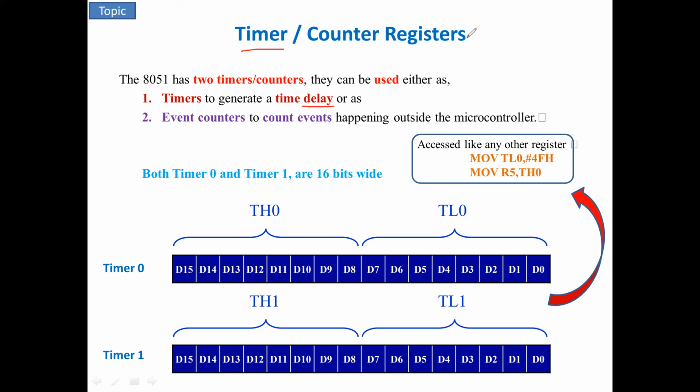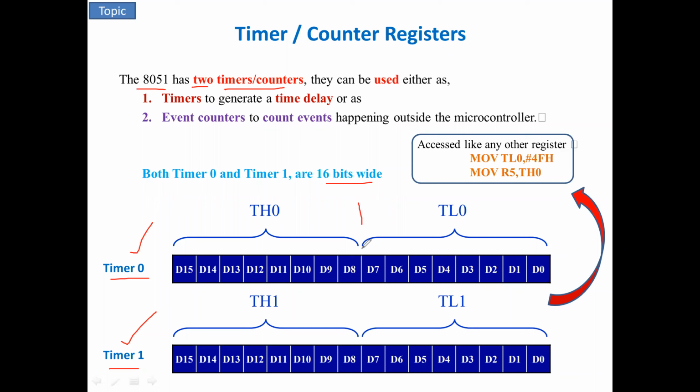In 8051, we have two timers. They are timer 0 and timer 1. These two timers are 16-bit wide, that is, these two timer registers are 16-bit wide.